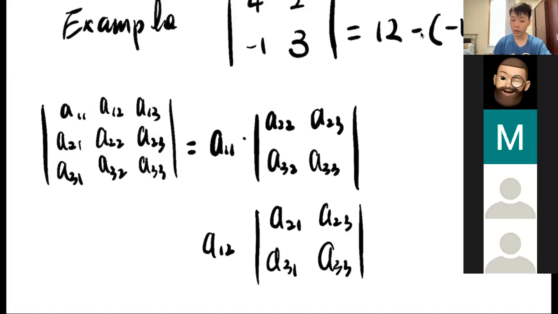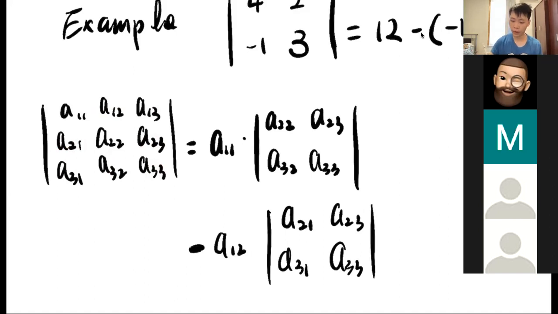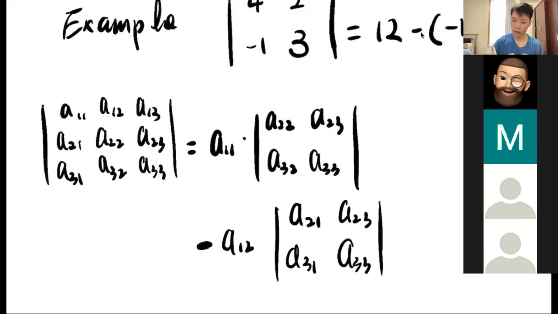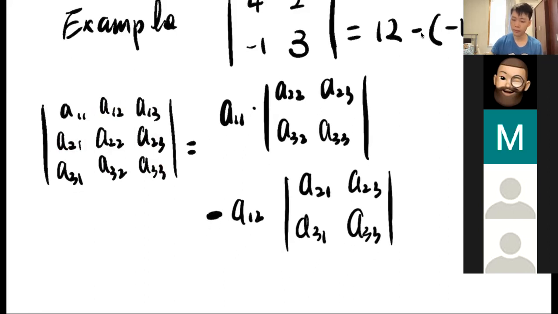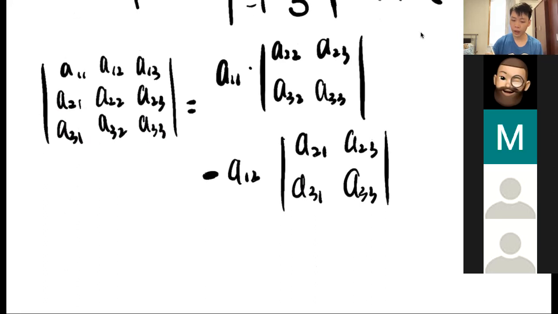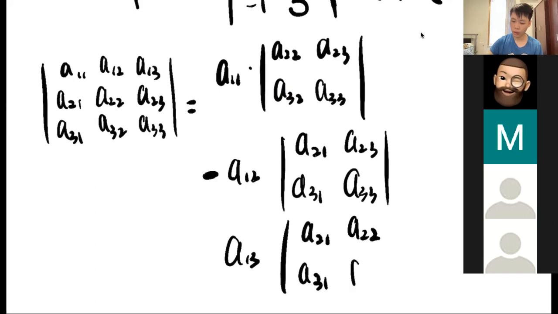However, the sign associated with A12 is no longer positive, it's actually minus, so you have to put a minus sign there. And finally, for A13, you do the same thing. The 2 by 2 matrix left is A21, A22, A31, A32, and the sign associated with A13 is positive.